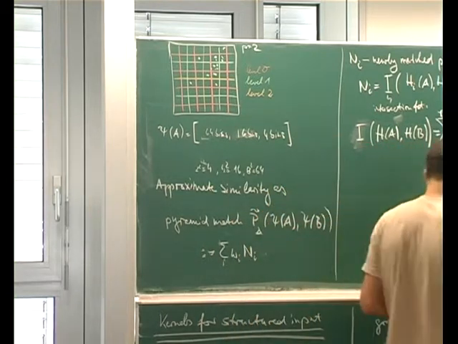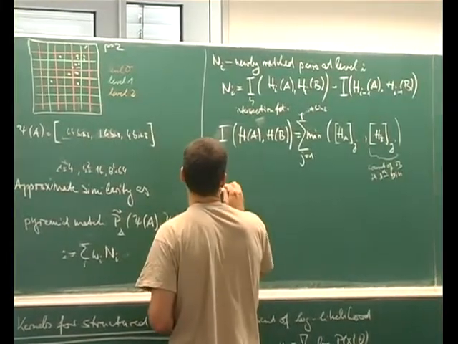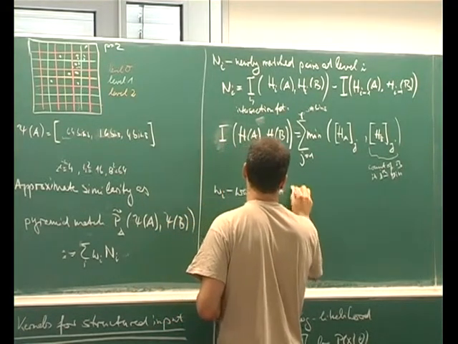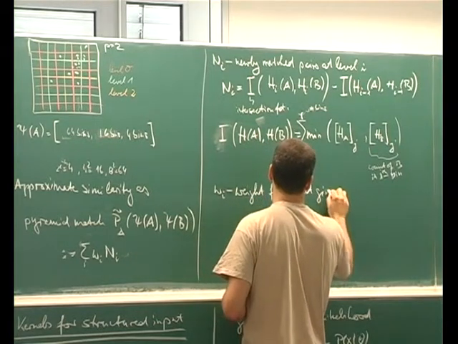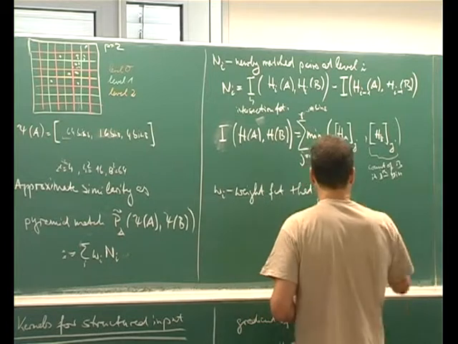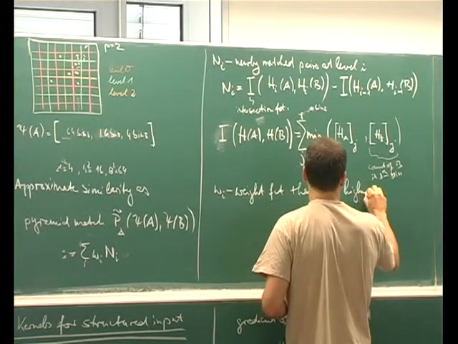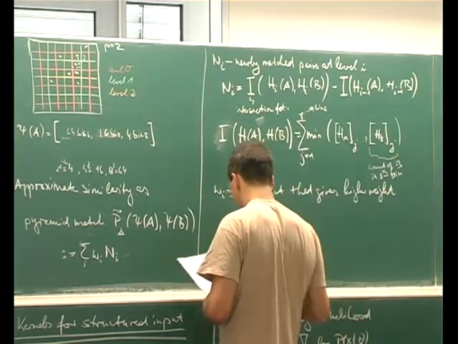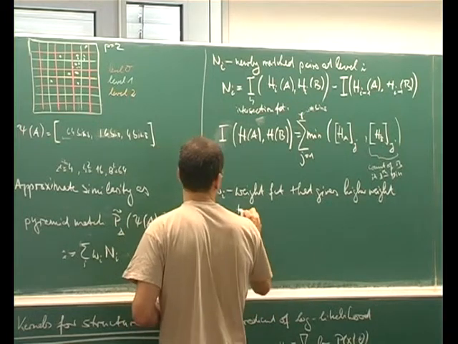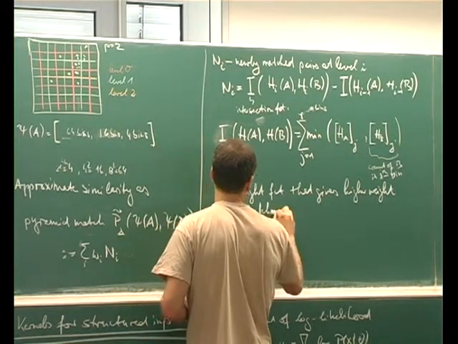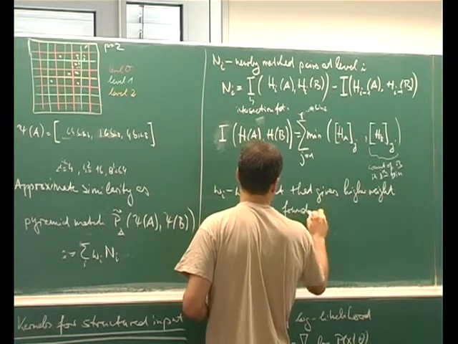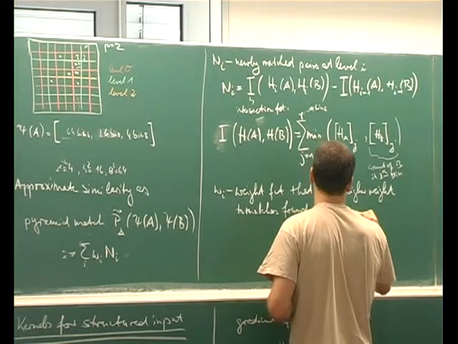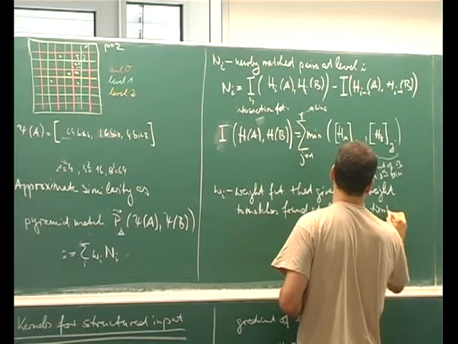And this is captured by W. So Wi is a weight function that gives higher weight to matches that are found in those histograms with very many bins.